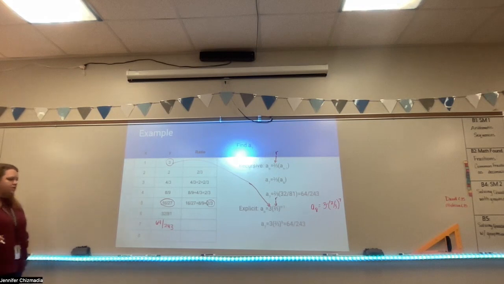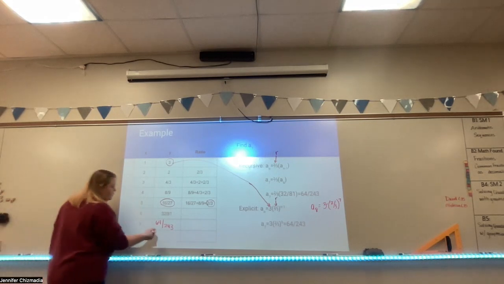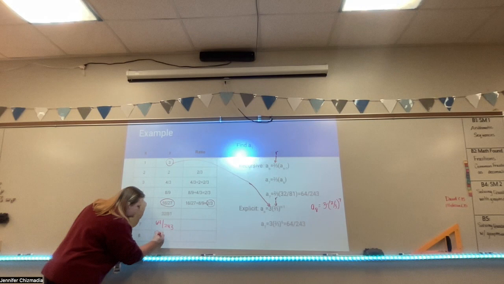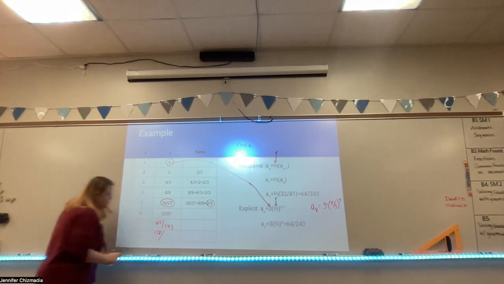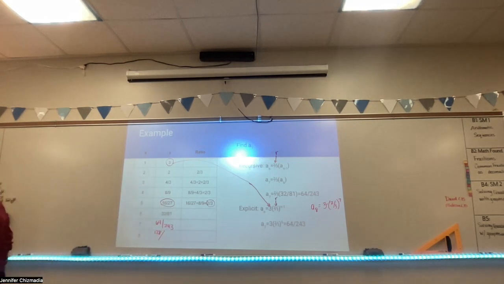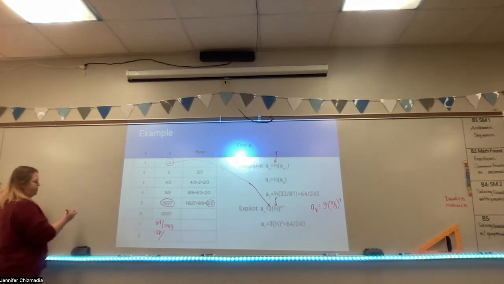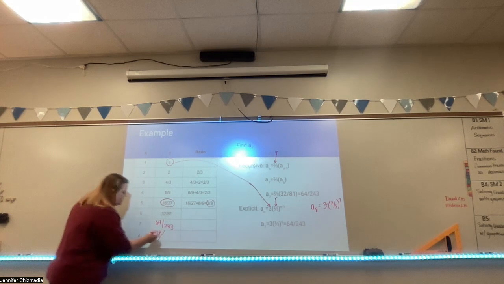So what did it say it was? In my head, I know the top is going to be 128. The 64 times 2 is 128. We did 128 over 729. That sounds about right.